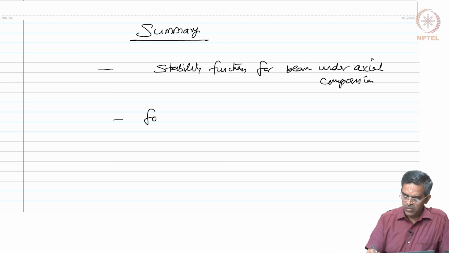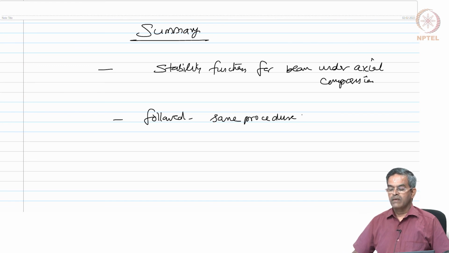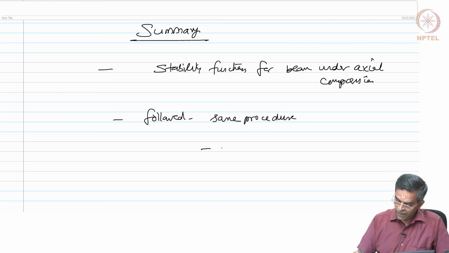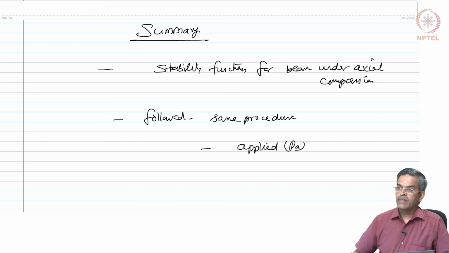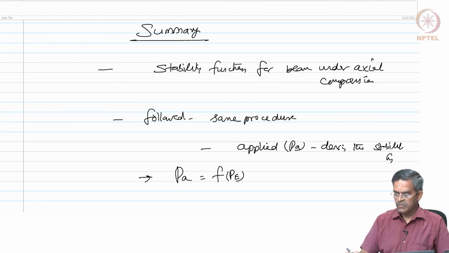We have followed identically the same procedure with which we derived the stiffness matrix of a fixed beam. But in this case, we applied axial compressive force Pa and derived the stability function. So, while doing so, we made a simplification of expressing this Pa as a function of Euler load.